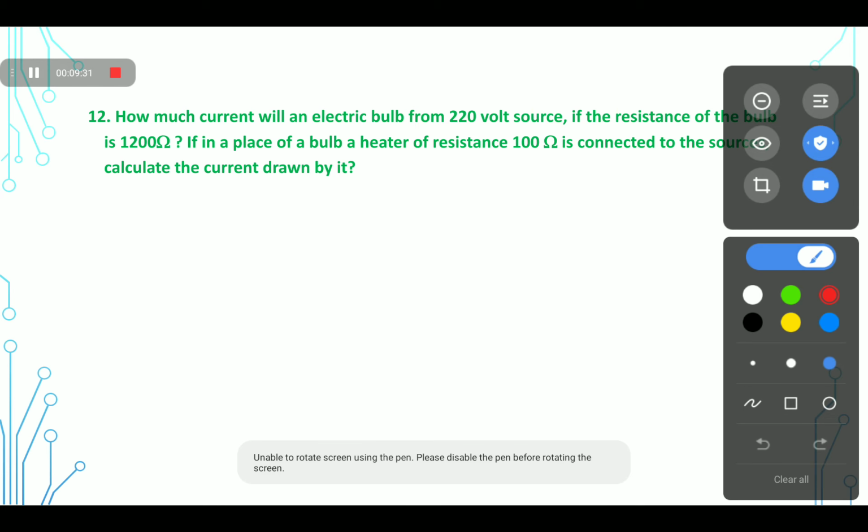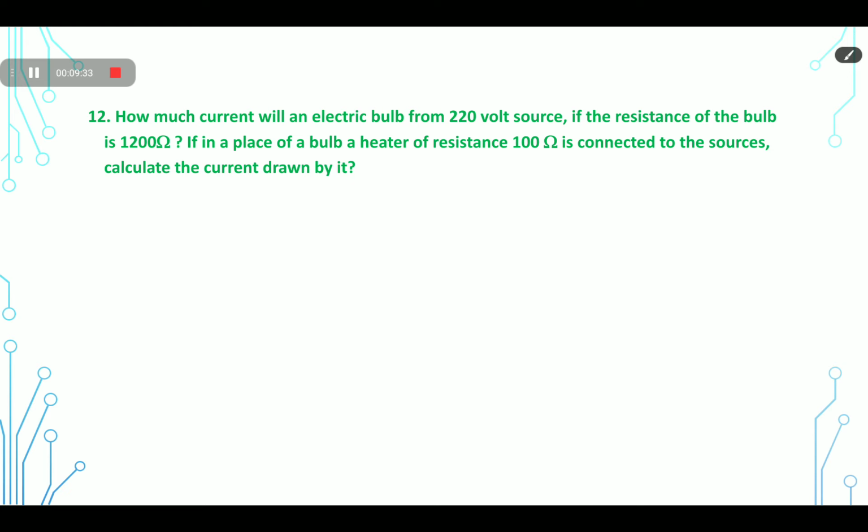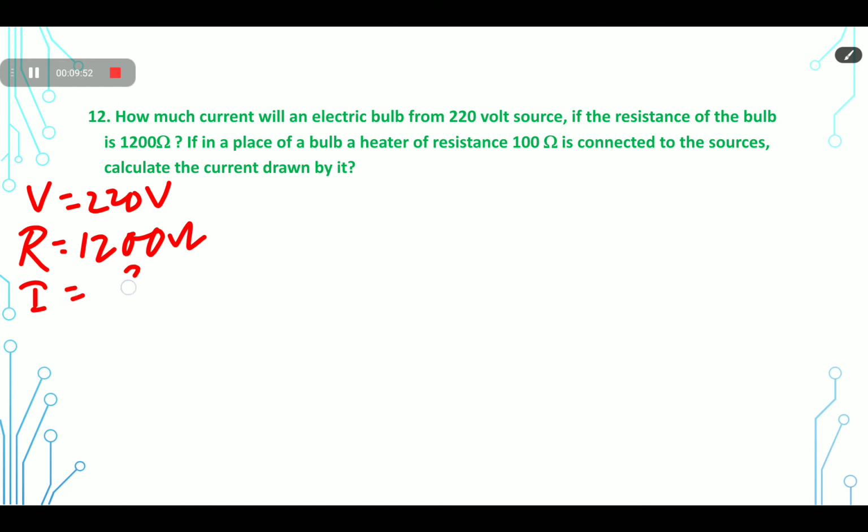Question number 12. How much current will an electric bulb draw from a 220 volt source, where voltage is given 220 volt, if the resistance of the bulb is 1200 ohm, resistance is given 1200 ohm? Then we have to find the current. We know that from Ohm's law, V is equal to IR, and we have to find current.